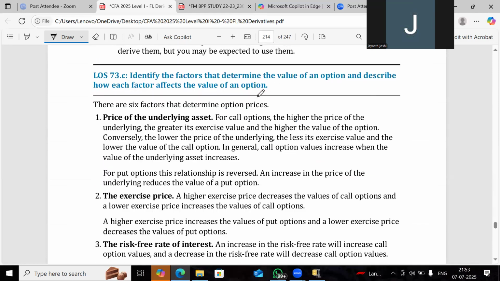Factors that determine the value of an option and describe how each factor affects the value of an option.